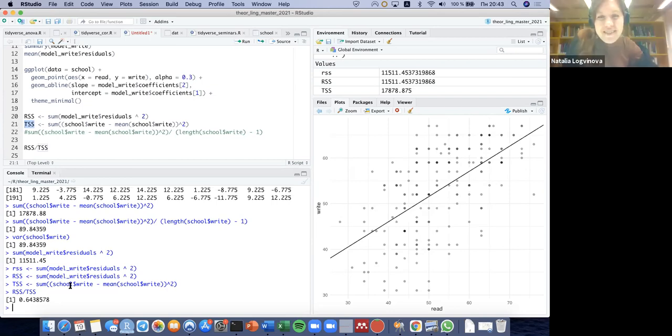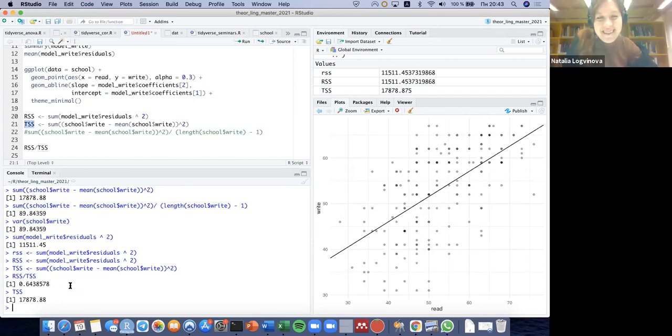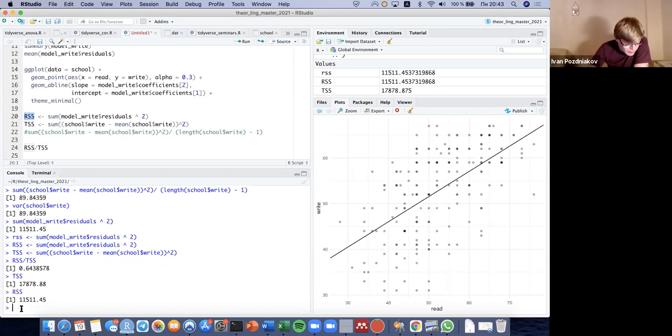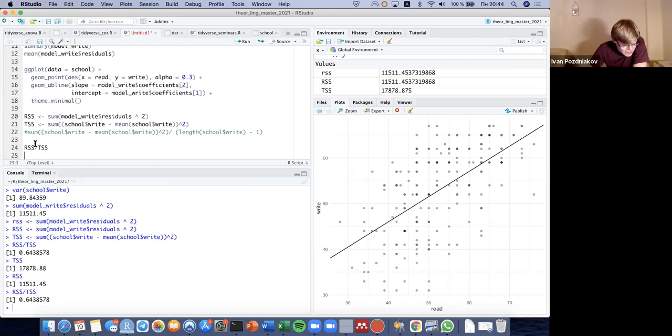If RSS were bigger than TSS, then there would be a problem, right? So RSS is smaller than TSS. Right, so it's something that we couldn't explain.